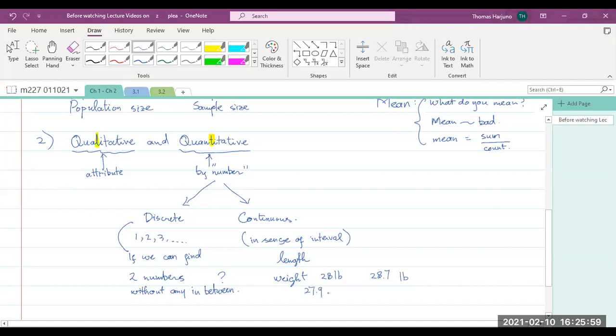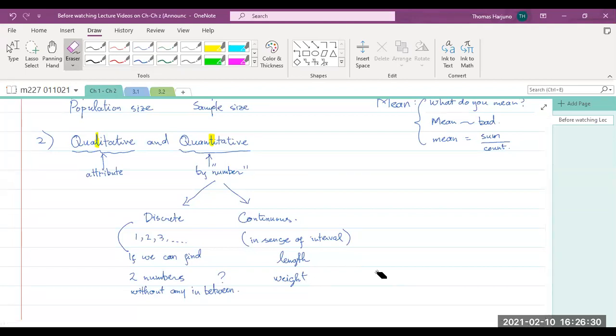You can come up with any weight between any two numbers. You can pick two numbers, and any weight in between those two numbers is doable. Then it is continuous. Length, weight, also time, right? 1 second, 2 seconds, 1.5 seconds, 1.7 seconds, 1.675 seconds, and so on and so forth.